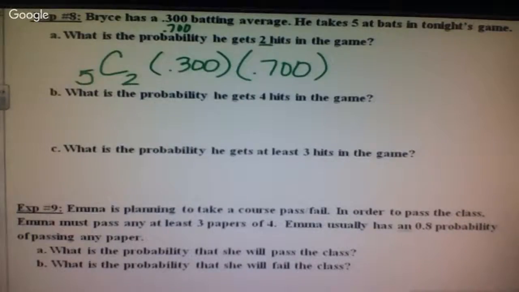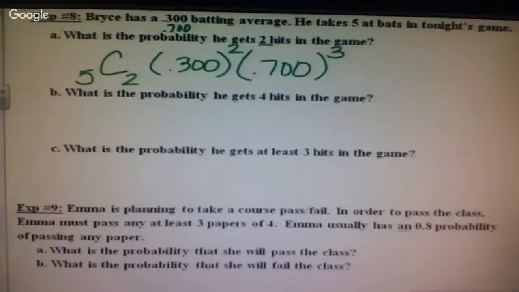That was easy. And then it goes 2. He wants to hit it twice, which means he needs to miss it 3 times. So they don't give you everything. You have to think about it. I blame whoever worded this.